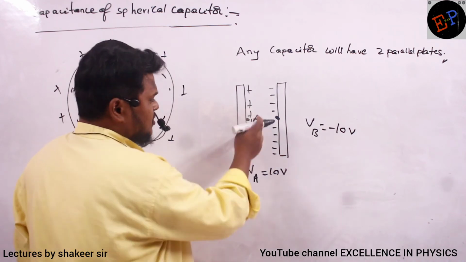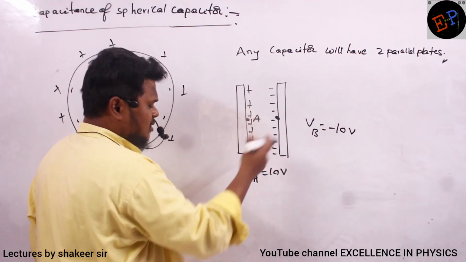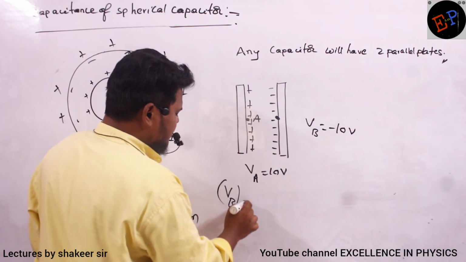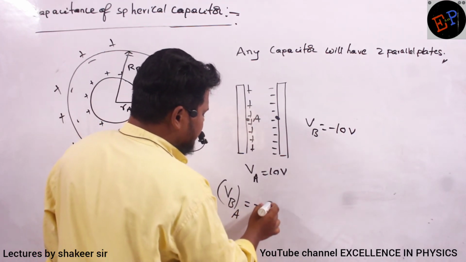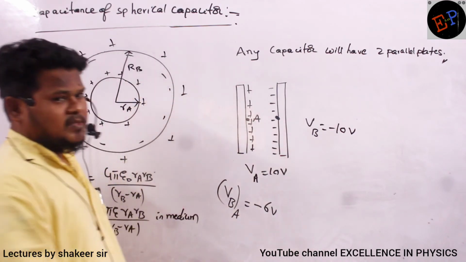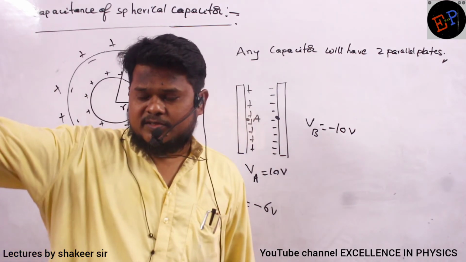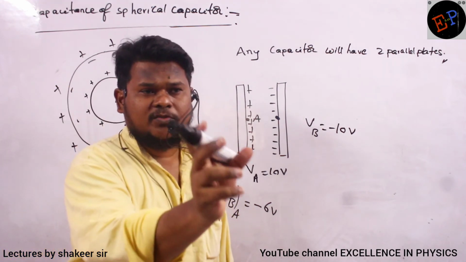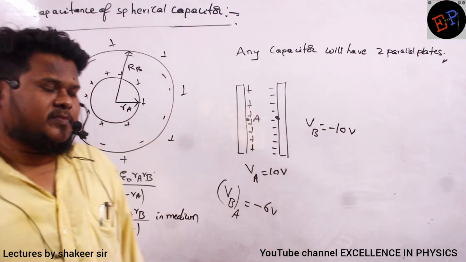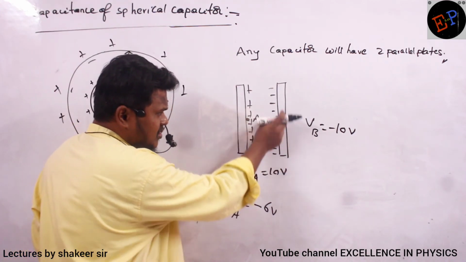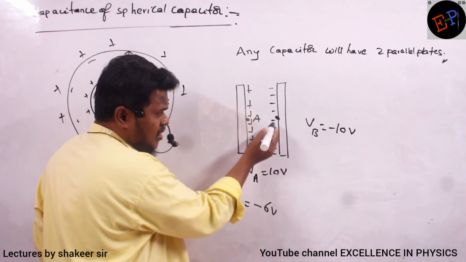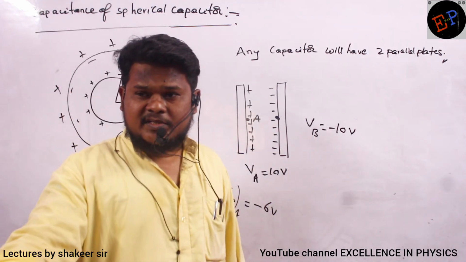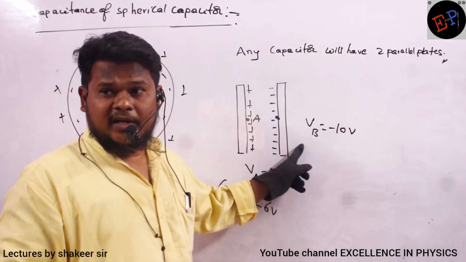So let us consider the potential given by the second plate on the first plate is minus 6 volts. If distance increases, potential decreases, no? If the distance from the charge increases, what happens to the potential? It decreases. On its own surface it has minus 10, but I am discussing the potential given by the second plate on the first plate.